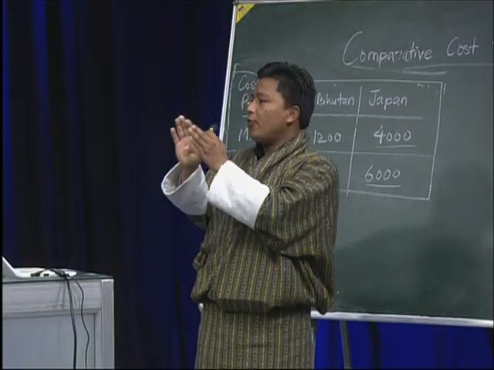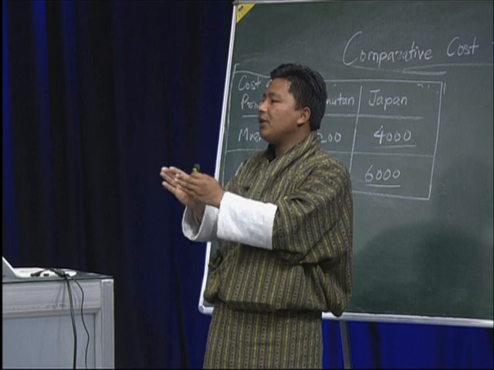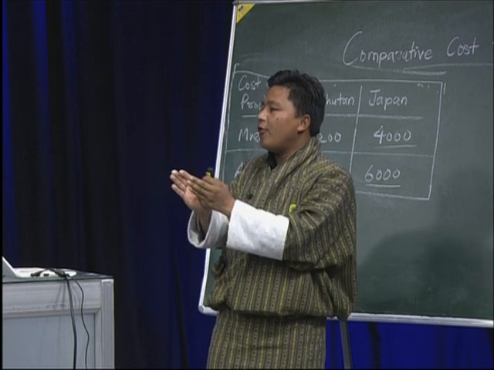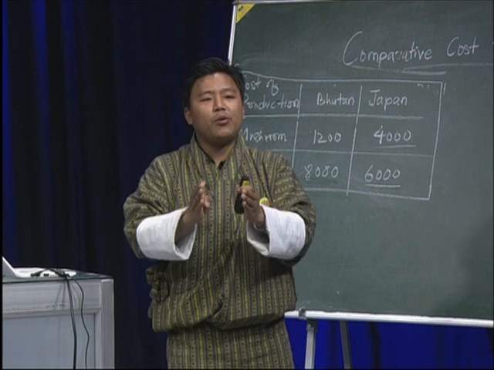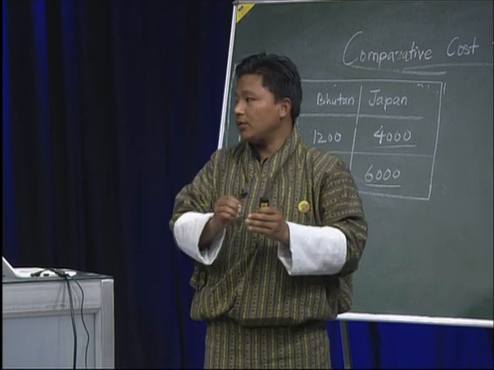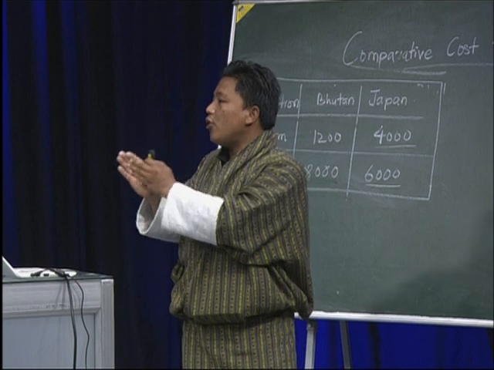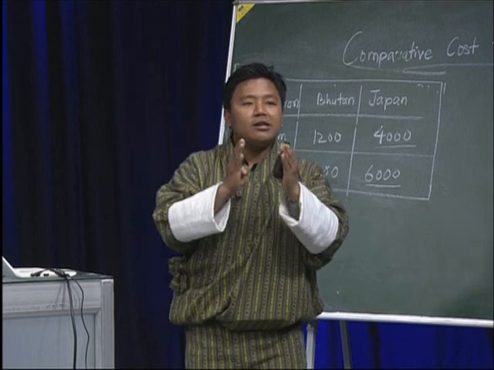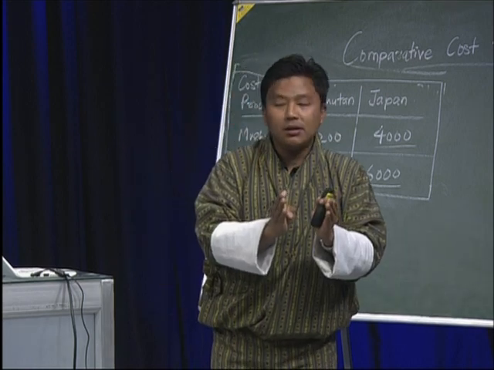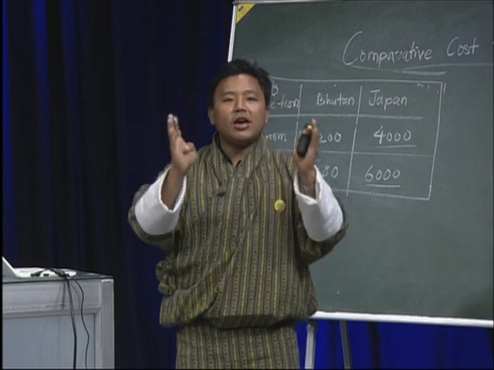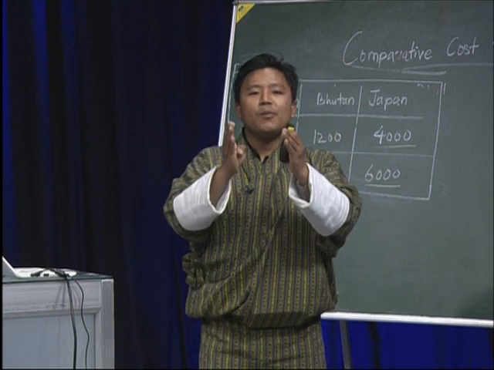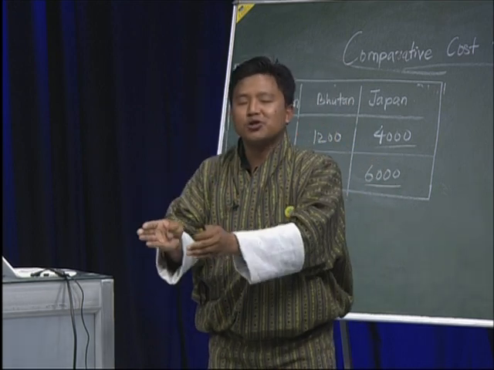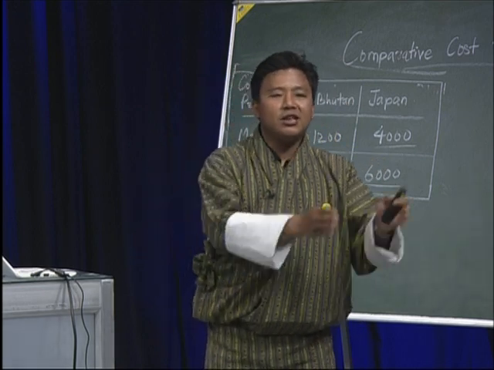The relative ratio for mushroom is higher than apple in Bhutan. Therefore, Bhutan should focus on production of mushroom. Okay? The relative ratio for mushroom is higher than apple in Bhutan, and therefore Bhutan should specialize in production of mushroom rather than the apple.